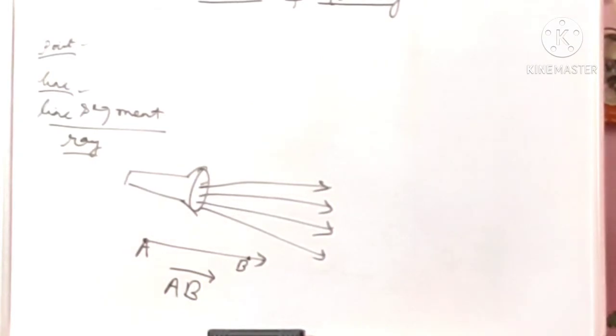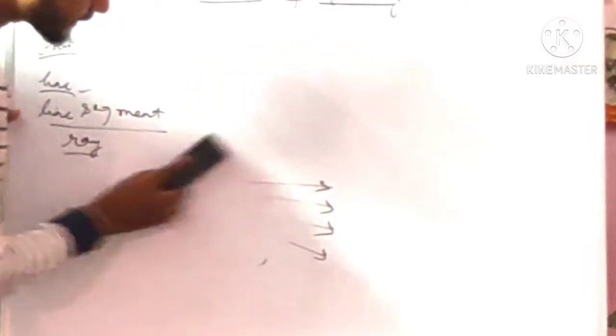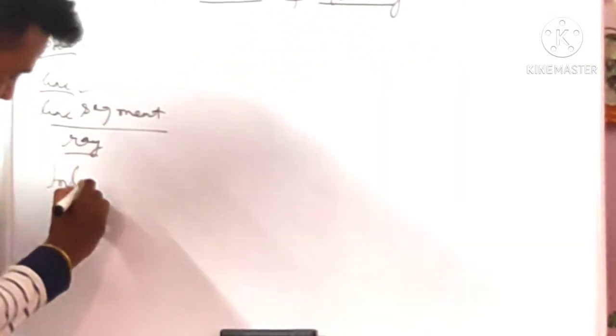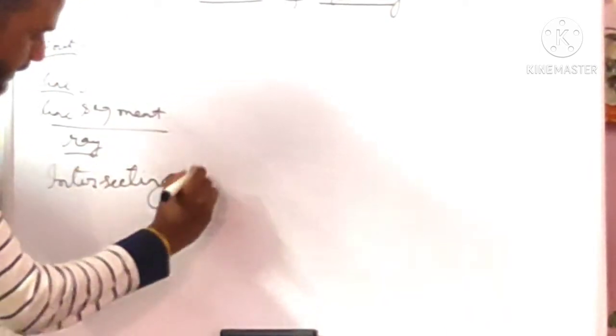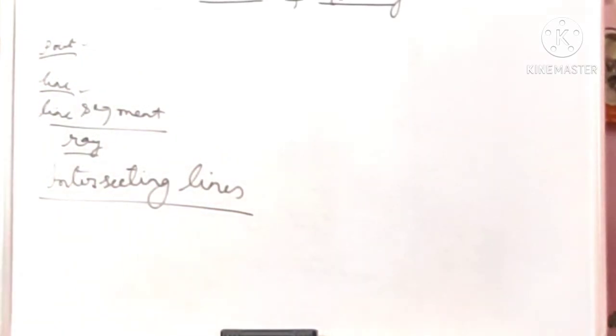Now we are going to talk about intersecting lines. You see how intersecting lines can be described. As I told you what lines are, now we are going to talk about intersecting lines.